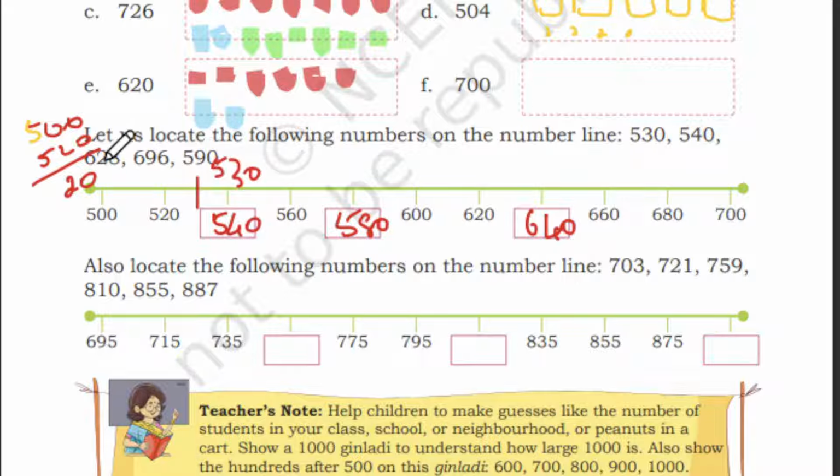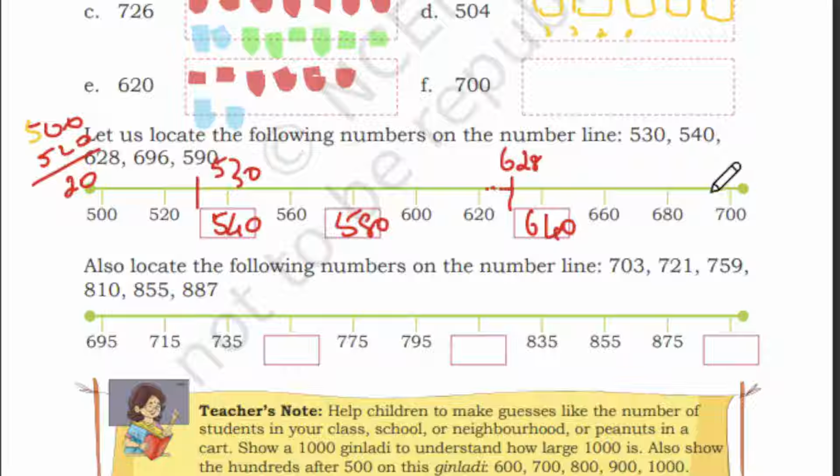So next is 628. So we have 600 here. So you have to count the lines like 1, 2, 3, 4, 5, 6, 7, 8. So you will get here 628. Next is 696. So here we will get 696. So it's 80, so you have to count 81.